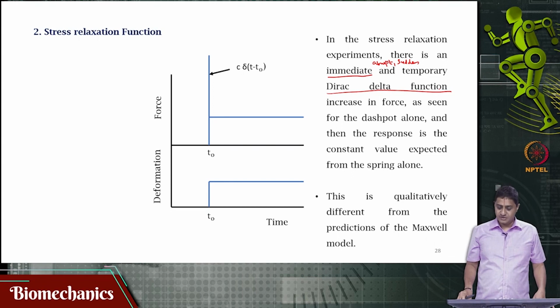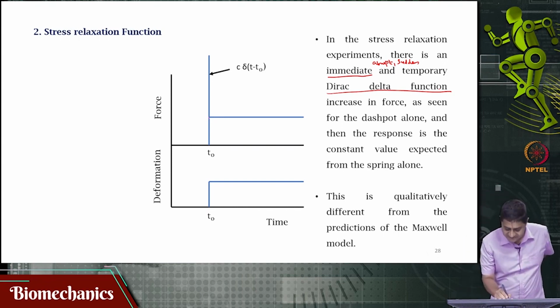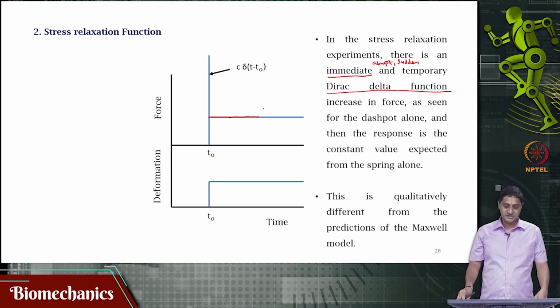This is seen in the force, this is due to the dashpot alone, and then as time passes, very quickly the force settles down into the force that would be produced by the spring alone at this level. Once again, this is also qualitatively different from the predictions of the Maxwell model, is it not?